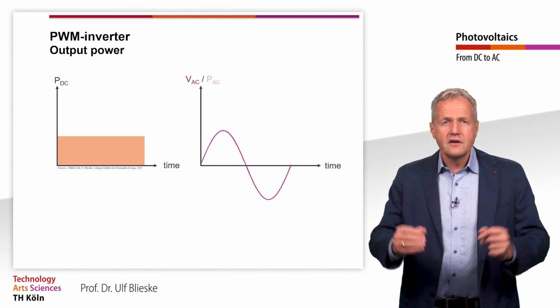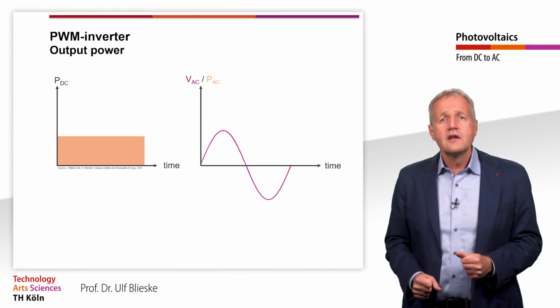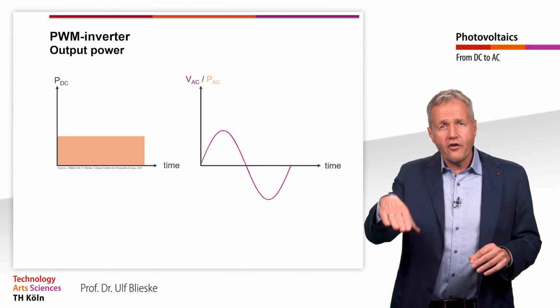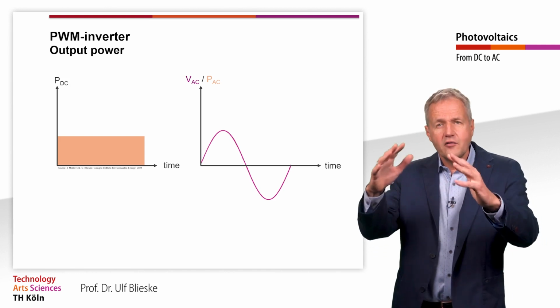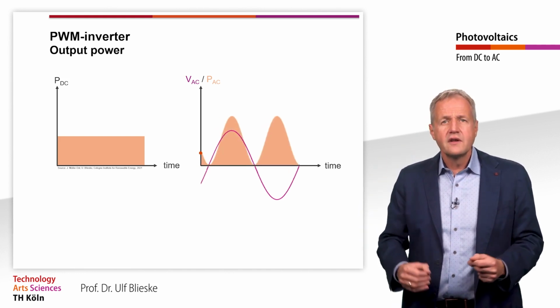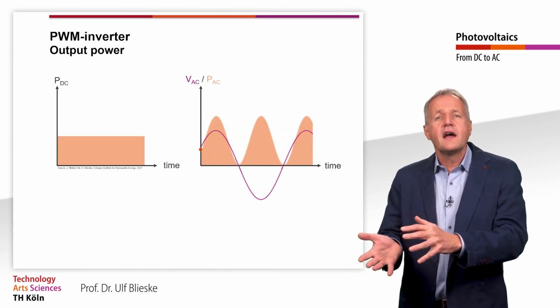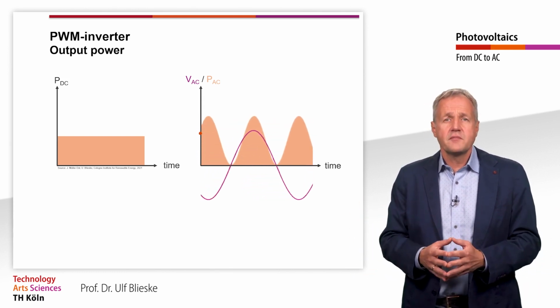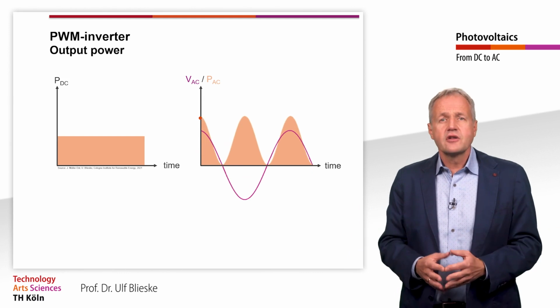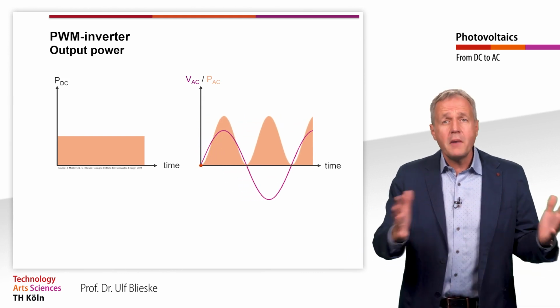The power is also sinusoidal and oscillates back and forth between 0 and a maximum value. So, there's a difference between input and output power at almost every point in time. This differential power has to be buffered somehow.